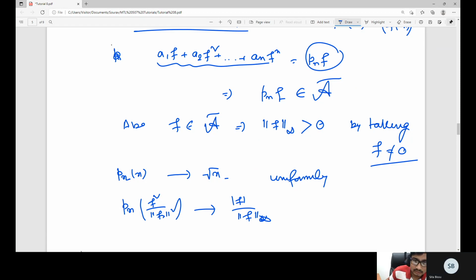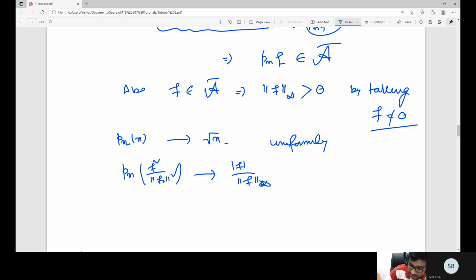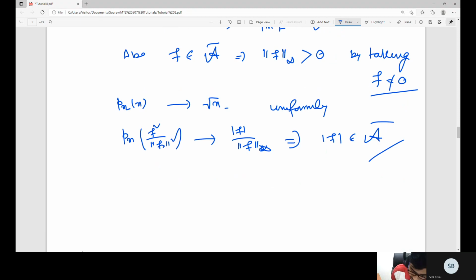This implies mod f belongs to the closure, just multiply by norm f infinity, you will get mod f belongs to the closure of A. Also, if we consider P_n of mod f, it will converge to root of mod f.